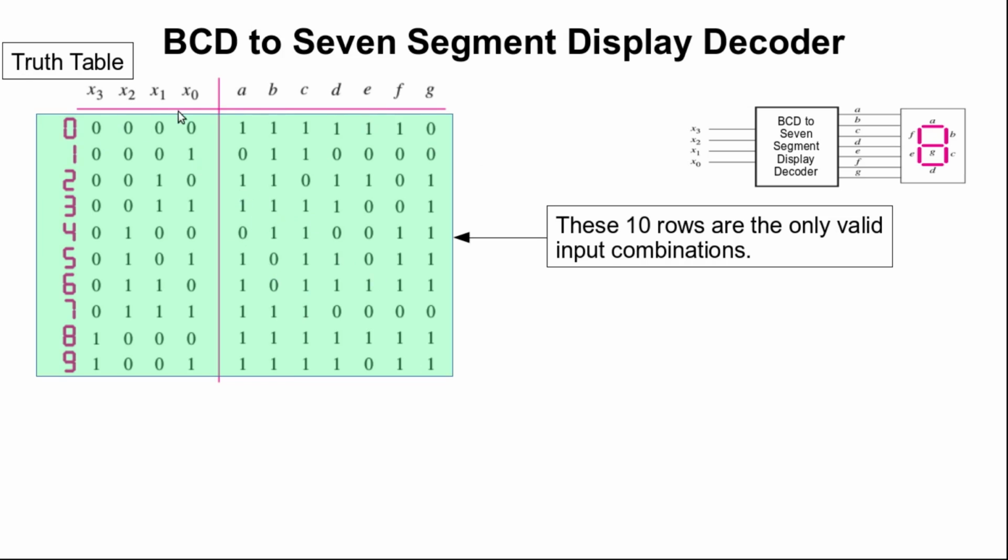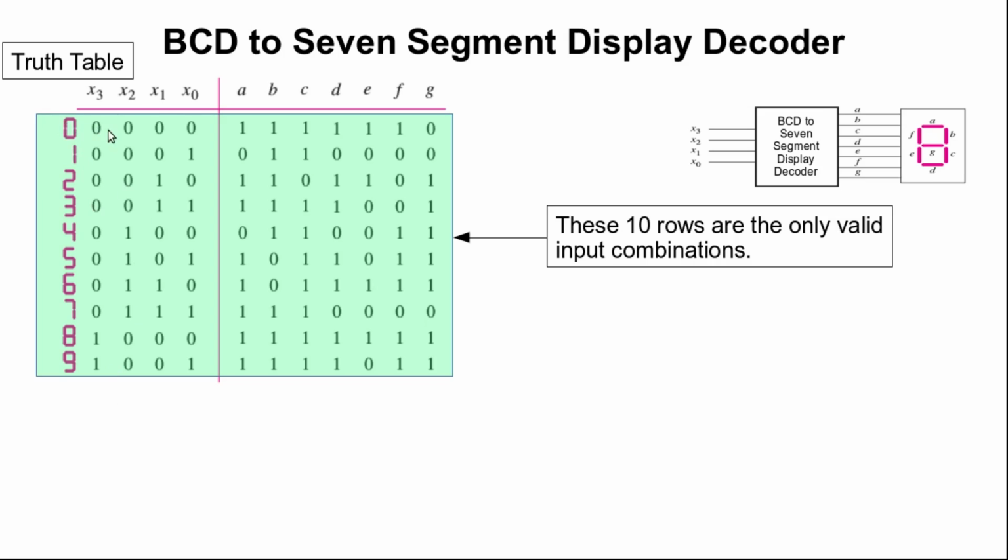And here we have the inputs x3, x2, x1, x0. Now, when we have 4 variables, our truth table can have 16 rows. However, only these 10 rows are the valid input combinations, because our input to the logic circuit will be a decimal digit, and the decimal digit between 0 to 9.